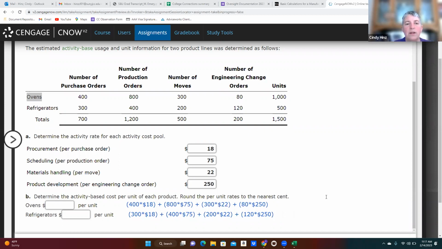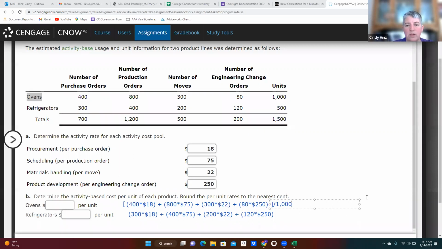So that's going to be the total that's assigned for cost. And what we're asked to do, though, is to calculate the cost per unit. So I'm just going to bracket that piece in and then divide by the number of units.